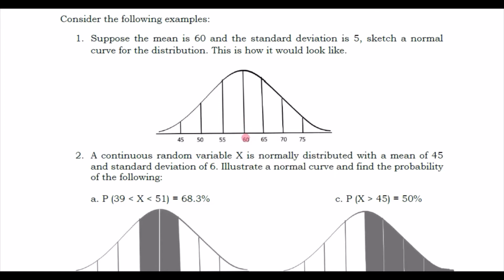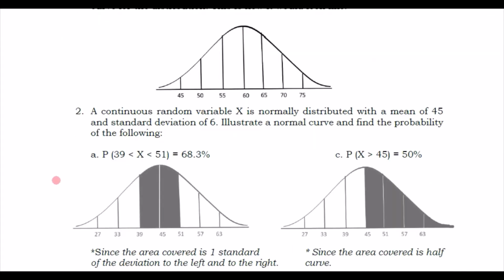So, from 60 dito, magbabawas naman tayo kasi ito ay pababa. So, 60 minus 5, we have 55. The first point or the interval away from the mean papunta sa left. The second point is 50 and the third point is 45. Third standard deviation away from the mean papunta sa left.